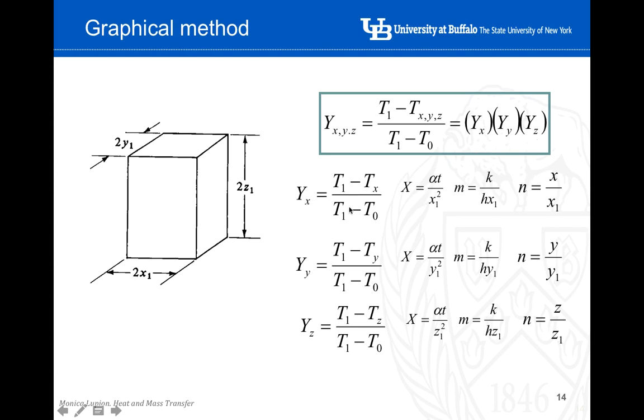For each of those, we need to calculate y, x, m, and n, and use the charts to determine the value of y, and once we have the three of them, we can directly solve this equation here.